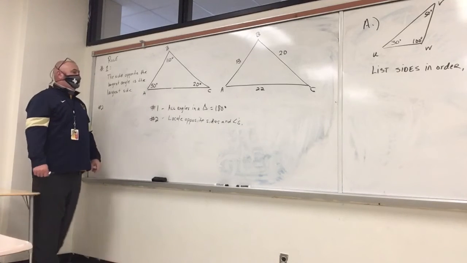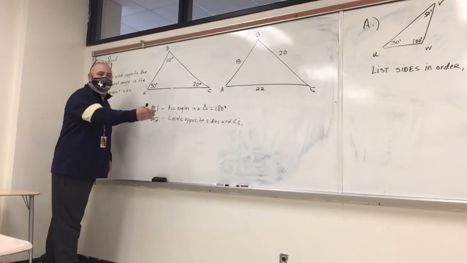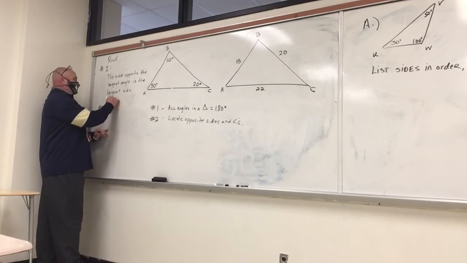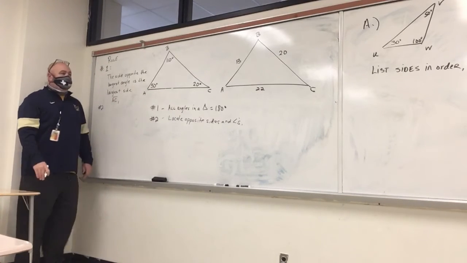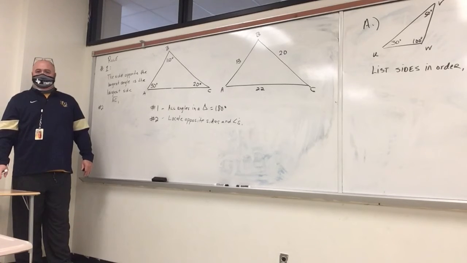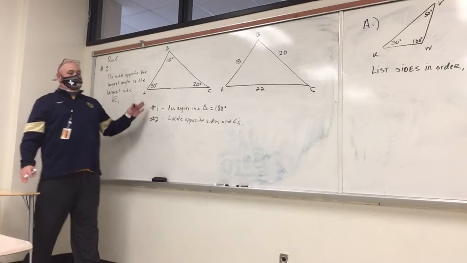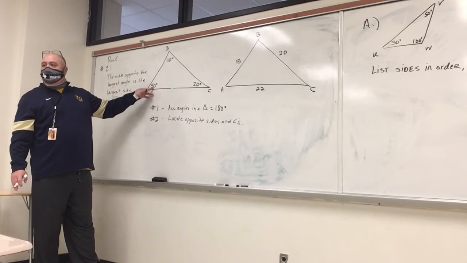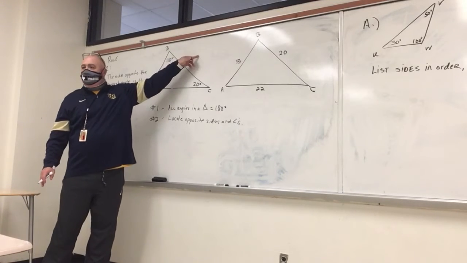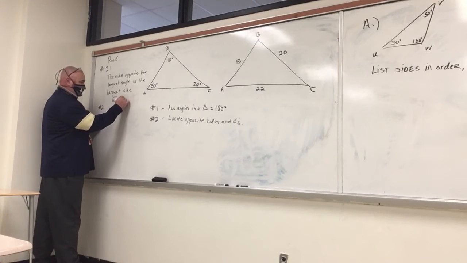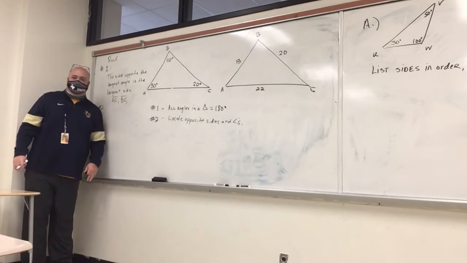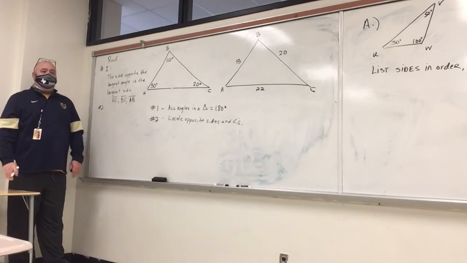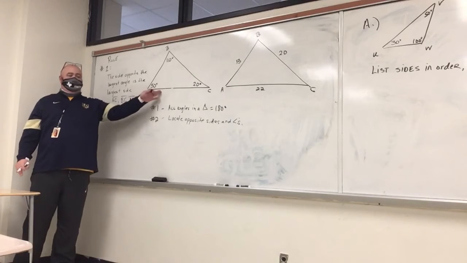So if I was asked to order from greatest to least, I would say that side AC is the biggest. Which is the next biggest? AB or BC? Well, 50 is my next largest angle. What side is opposite that? BC. And my smallest side is AB. So in order from greatest to least.